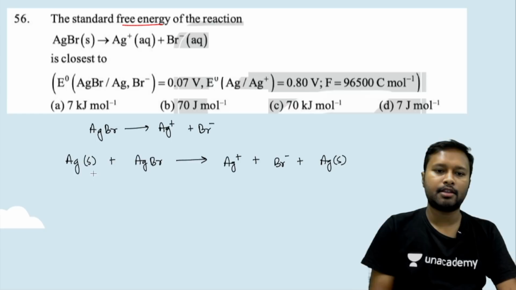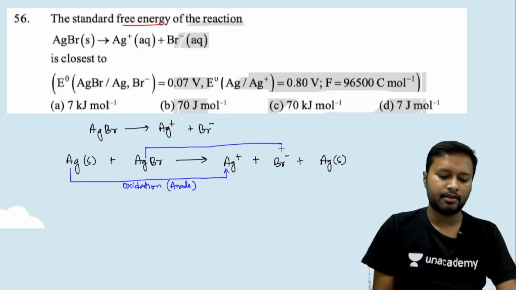Now if you see here, this silver is actually undergoing oxidation, right? There is oxidation which is happening, and you know that oxidation happens at the anode, so let me write it down here itself. And in the silver bromide, this silver over here is undergoing reduction.